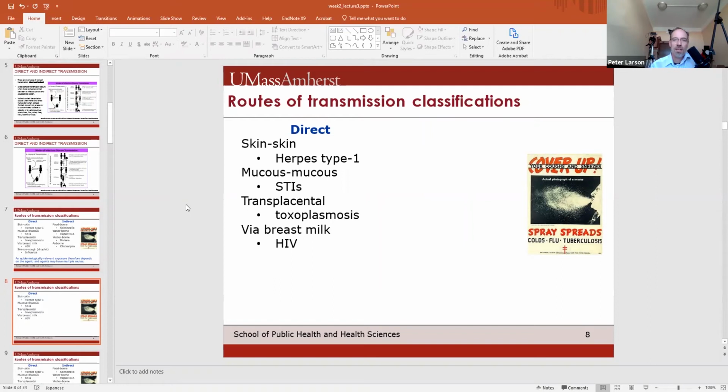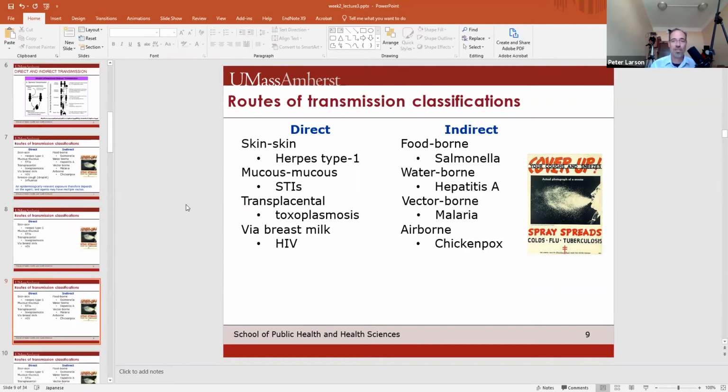Now, we classify these routes of transmission with direct. I mean, there's skin-skin contact, which leads to infections of herpes type 1, mucus-mucus, which transmits sexually transmitted infections like syphilis and gonorrhea, transplacental, so we can have what we call vertical transmission, which transmits from mother to child through the placenta, via breast milk transmission of HIV, for example.